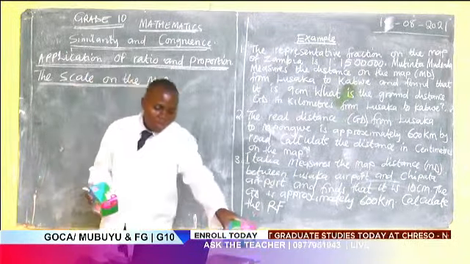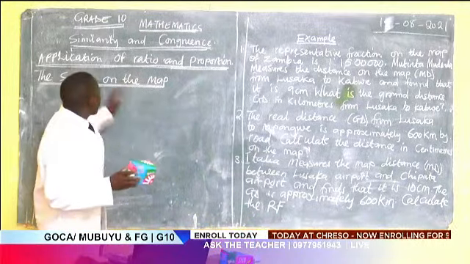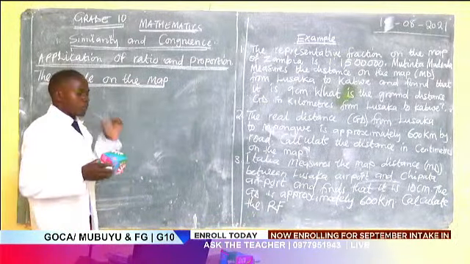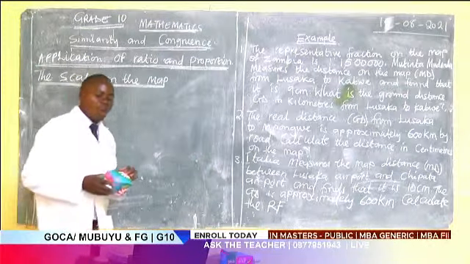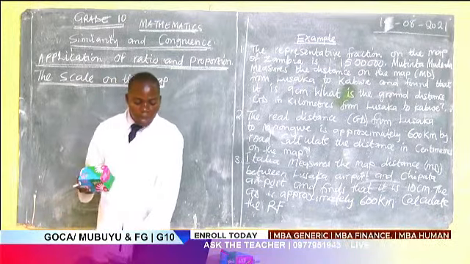Okay. Now, under application of ratio and proportion, we shall start by looking at the scale on a map. I'm sure all of us know what a map is.